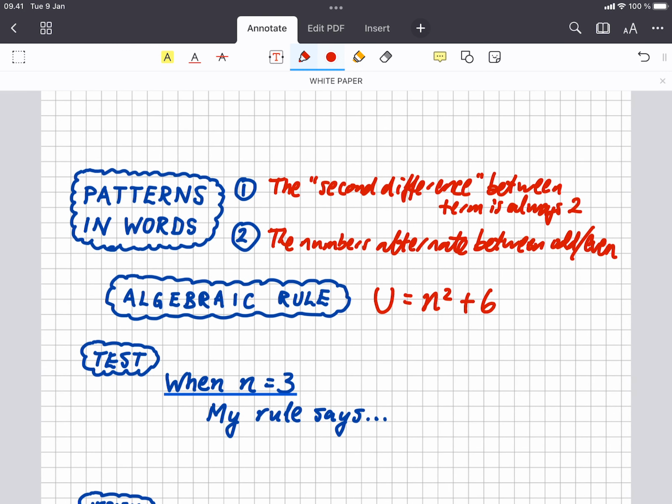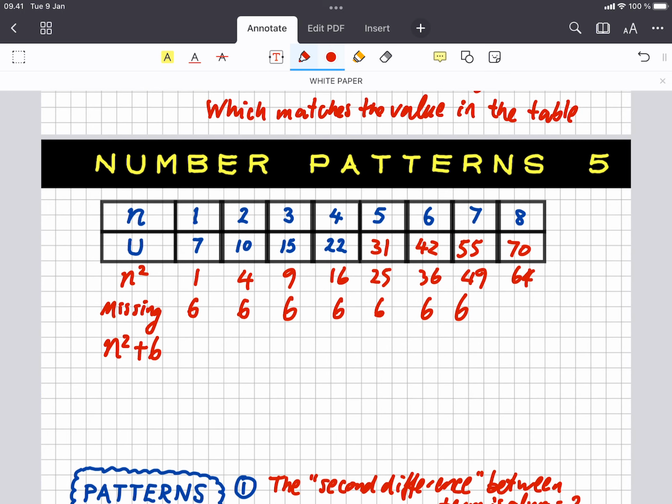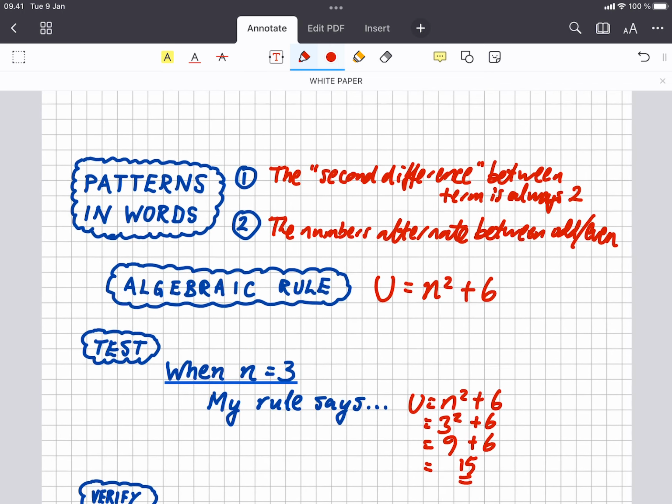So testing the rule, when n equals 3, my rule says u equals n squared plus 6, which is 3 squared plus 6, which is 9 plus 6, which is 15. That matches the value in the table.